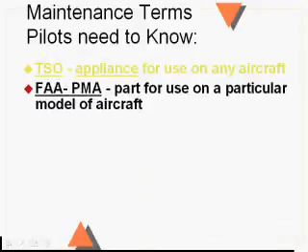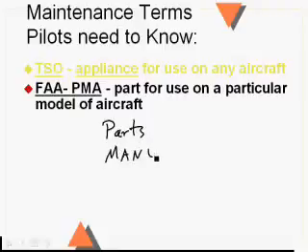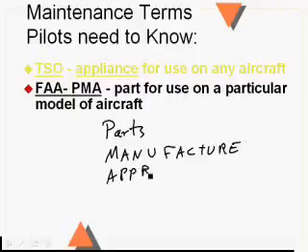FAA PMA stands for Federal Aviation Administration. You'd be surprised how many people can't spell Federal Aviation Administration on the test. PMA is Parts Manufacturer Approval. FAA PMA is for parts that somebody makes that only fit on one kind of aircraft.